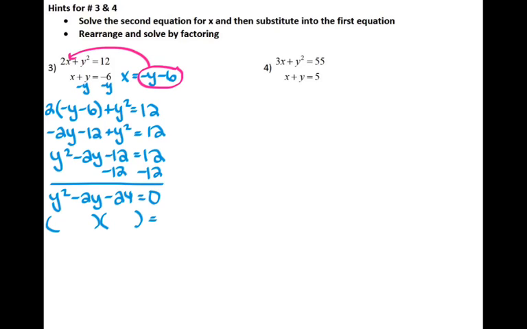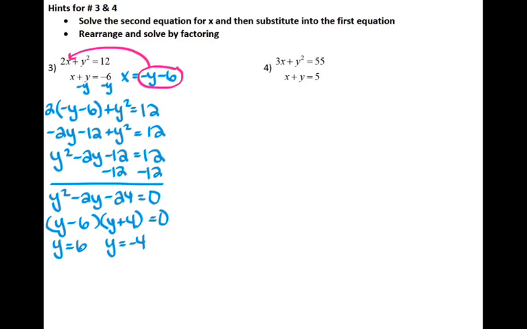So two numbers that multiply to negative 24 and add to negative 2 are negative 6 and 4. So my first possible solution for y is 6, and my second possible solution for y is negative 4.